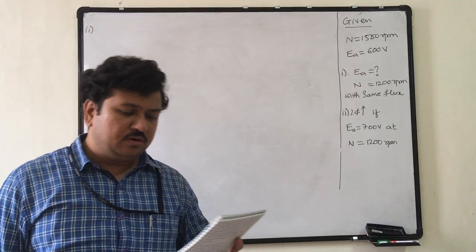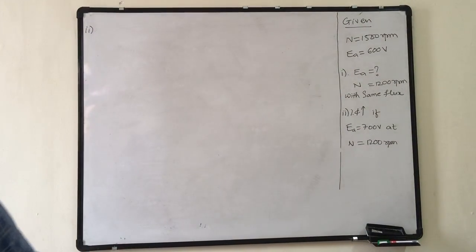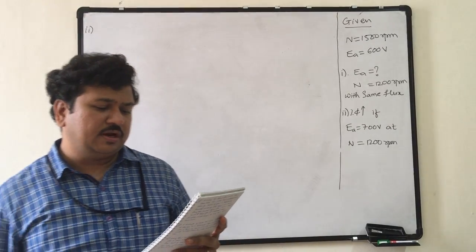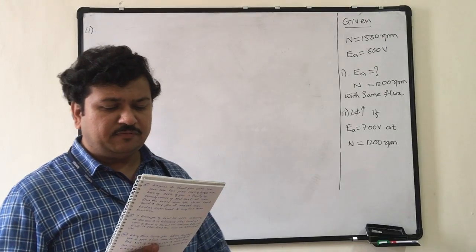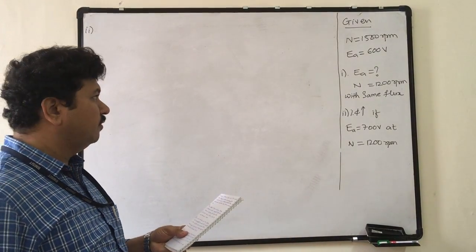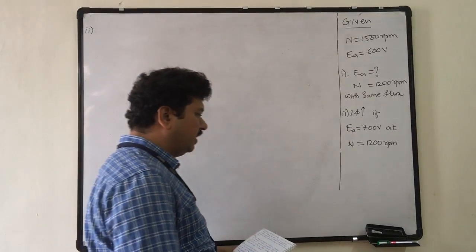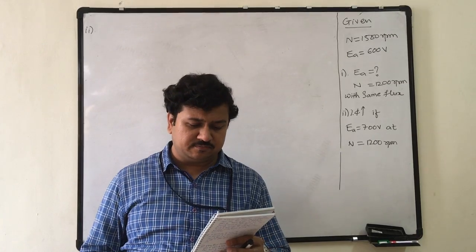A 4-pole wave connected generator has 50 slots with 25 conductors per slot.